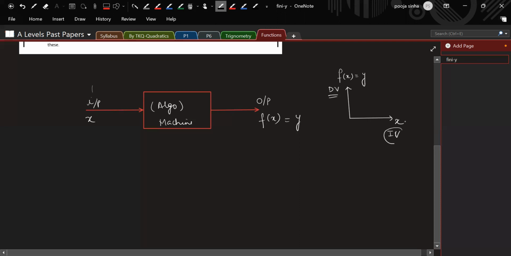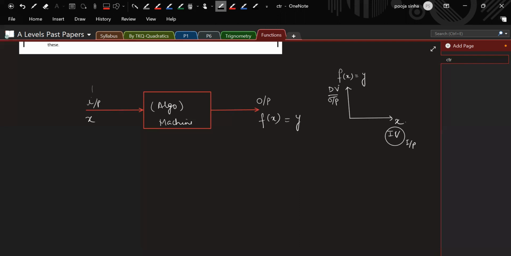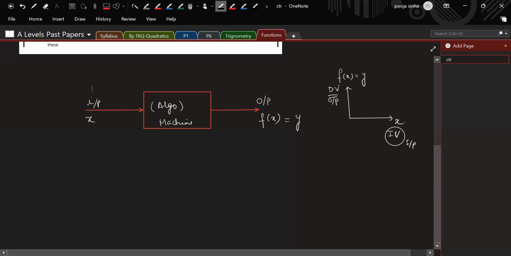Whatever you input here, based on that you get an output. That is why f(x) is always a dependent variable. Is that clear? That's why we call it a function of x, depending upon whatever function is happening inside the machine. So this is what a function is.